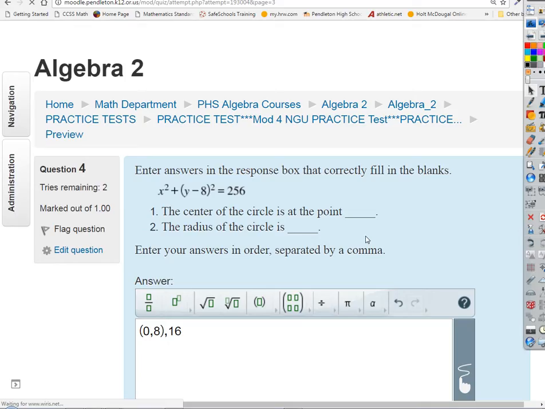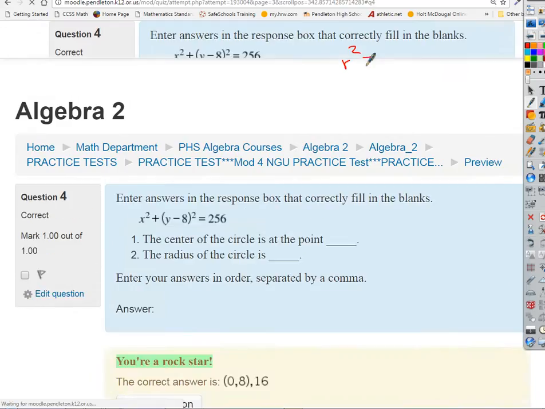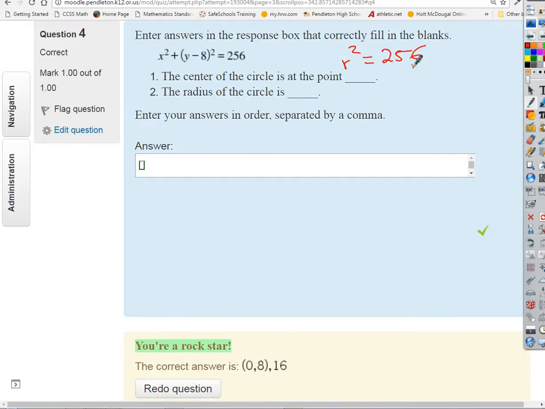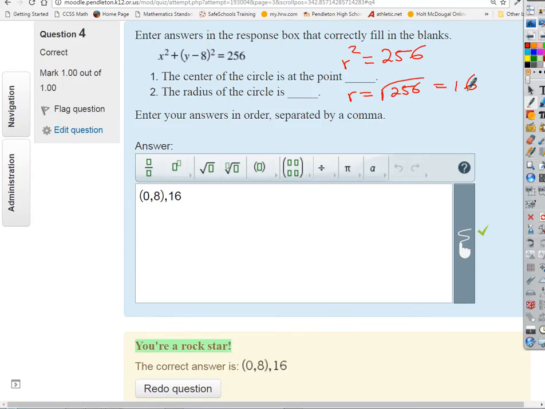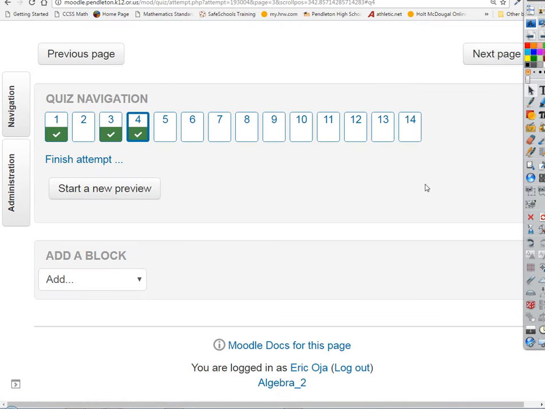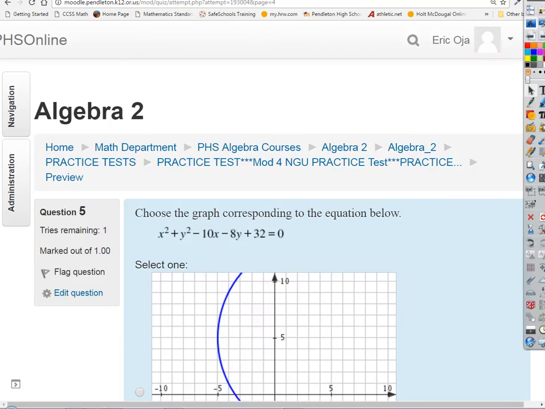So to find r, if r squared equals 256, then r must equal the square root of 256, which is 16. Okay? How many questions are there going to be? 14. This is an exact duplicate of the test.